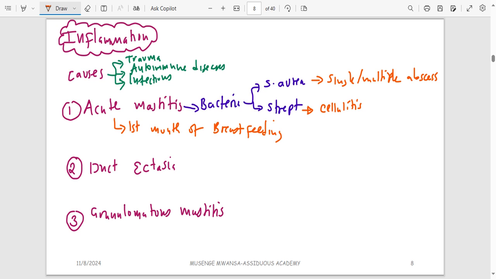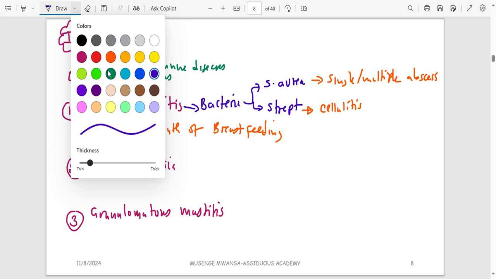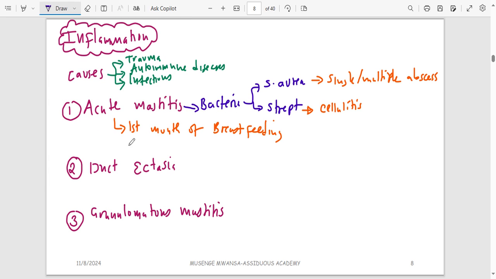What we need to know here is that there's going to be pain. As we already saw, the skin is going to be red, erythematous, and then there's also going to be fever.